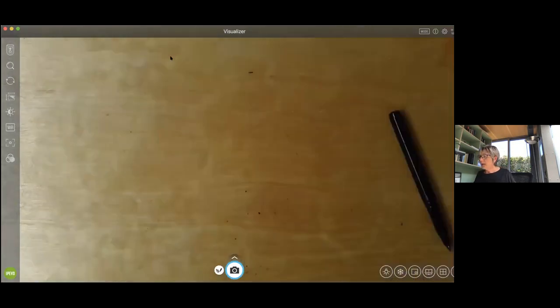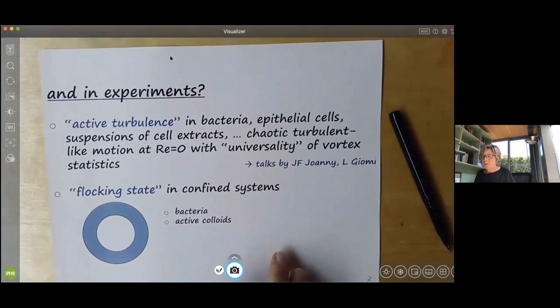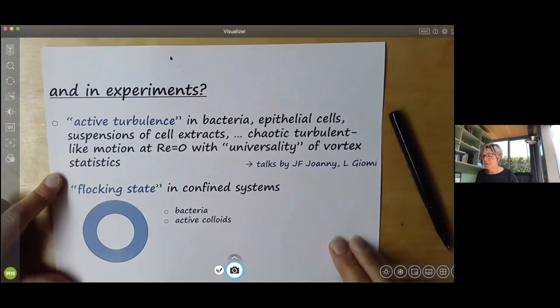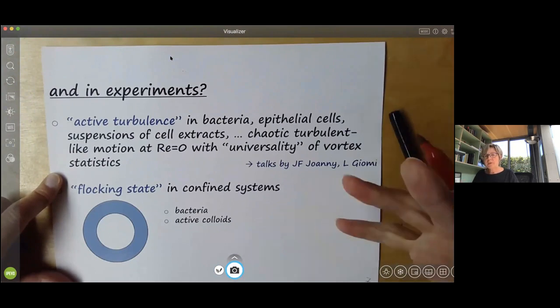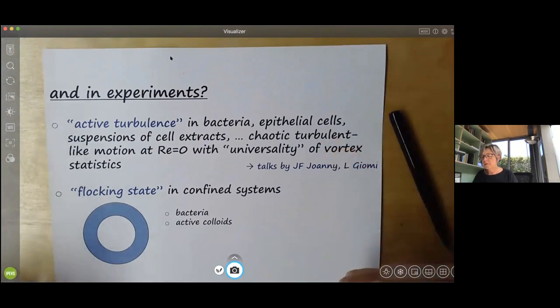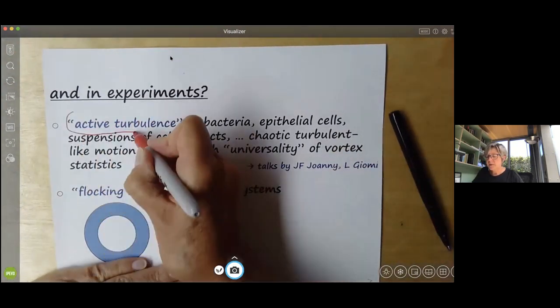Okay, is this kind of stuff actually seen in experiments? Well, if you look at bacteria suspensions, actually most of the time, bacteria or even epithelial cells or suspensions made of things extracted from living cells, in a large system, they exhibit a motion that is much more chaotic and with a lot of swirls and vortices, and in fact has been called active turbulence.